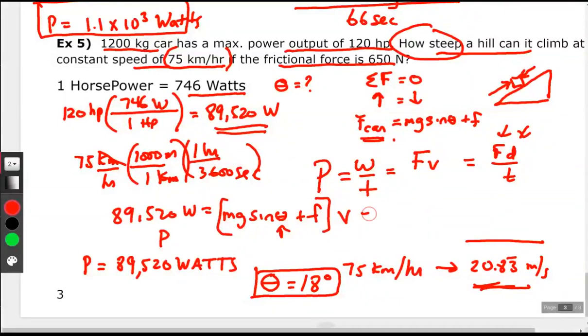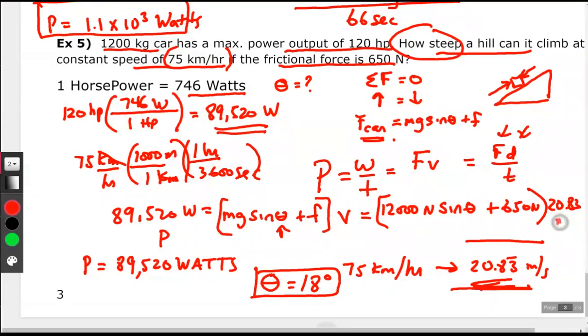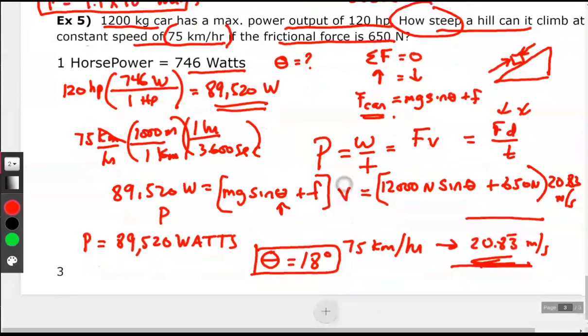So let's substitute mg. Well, 1200 is the m, so mg is 12,000 newtons times the sine of that unknown angle, plus we're given the friction, 650 newtons, times the velocity that we found down here, 20.83 meters per second.